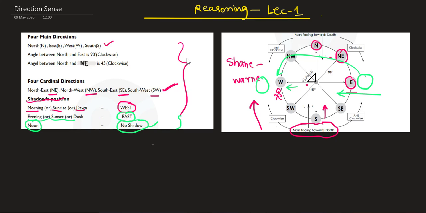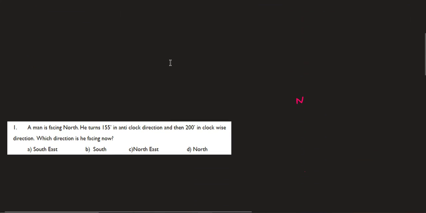Let's talk about an example now. The question is, a man is facing north. Let me not give you the answer first. And he turns 155 degrees in the anti-clockwise direction.